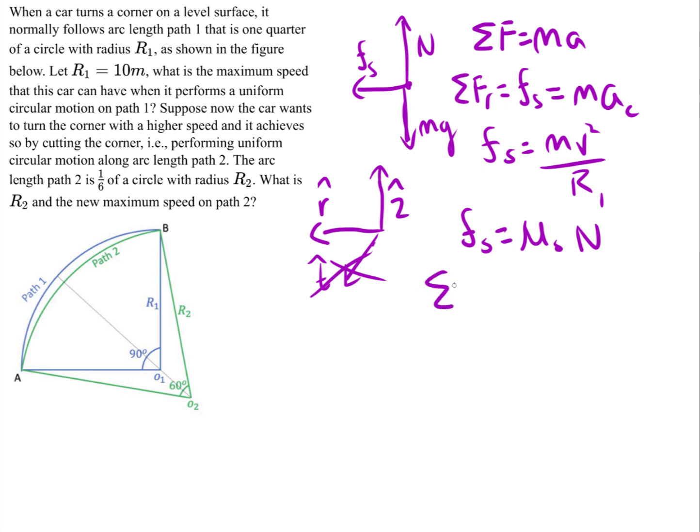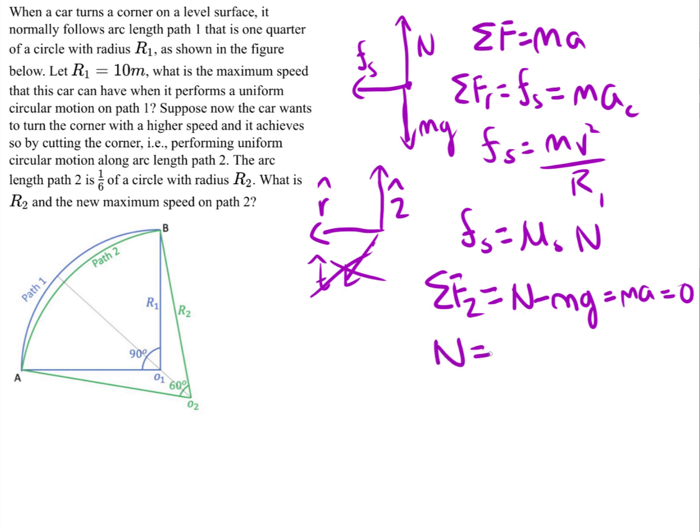And we can figure out what the normal force is by using another equation, this time setting the net force in the z direction, or the direction perpendicular to the plane of circular motion. So this becomes the normal force in the positive z direction minus the force of gravity must be equal to the mass times the acceleration, which is 0, since the car is not accelerating into or out of the plane of circular motion.